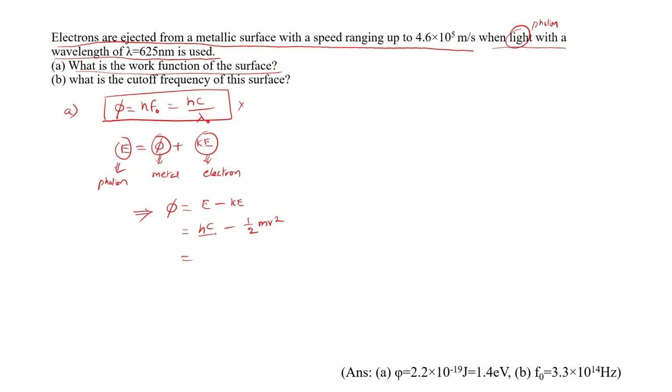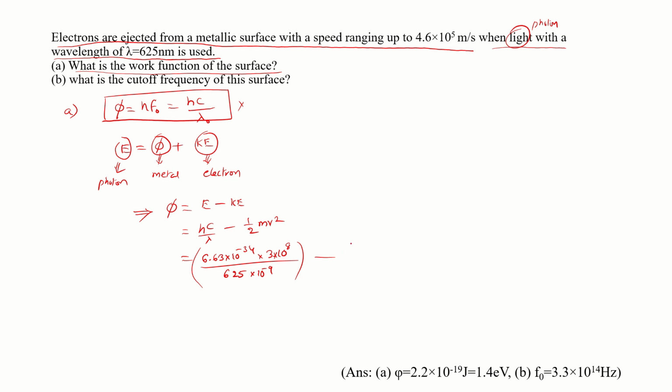Here h is 6.63 times 10 to the power of minus 34, the speed of light is 3 into 10 to the power of 8, divided by the wavelength of the light, that is 625 nano. Nano means 10 to the power of minus 9. So this is all for the energy of the photon.